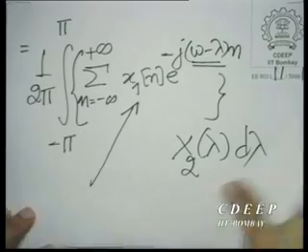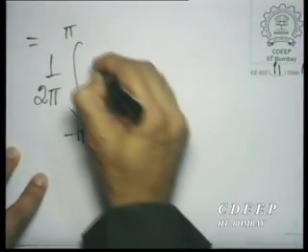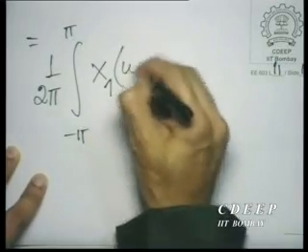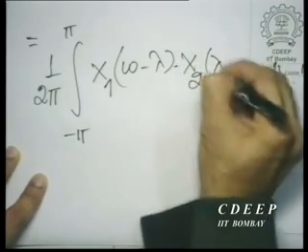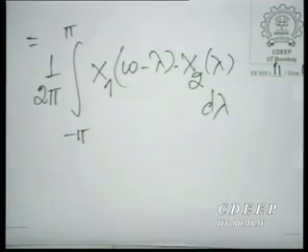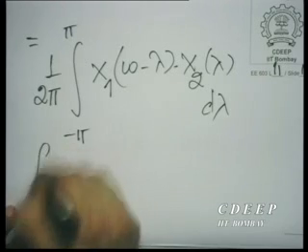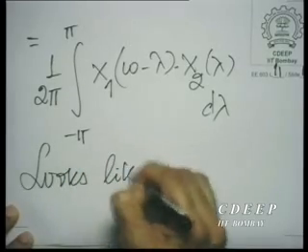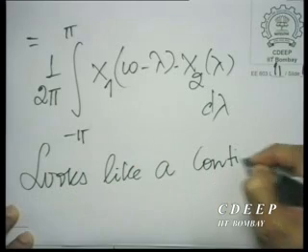We are saying this is 1 by 2 pi integral from minus pi to pi capital X1 evaluated at omega minus lambda and x2(lambda) d lambda, and recognize that this is very similar to what you expect a continuous time convolution to be. So, it looks like a continuous variable convolution.